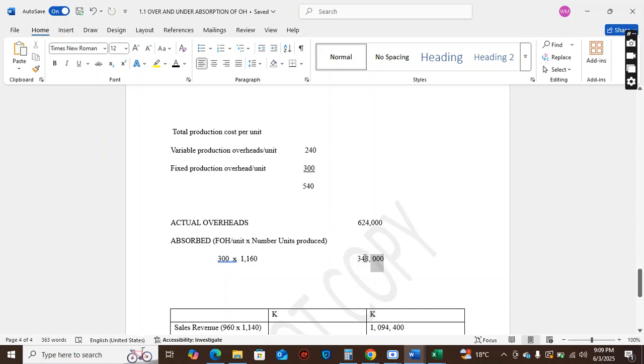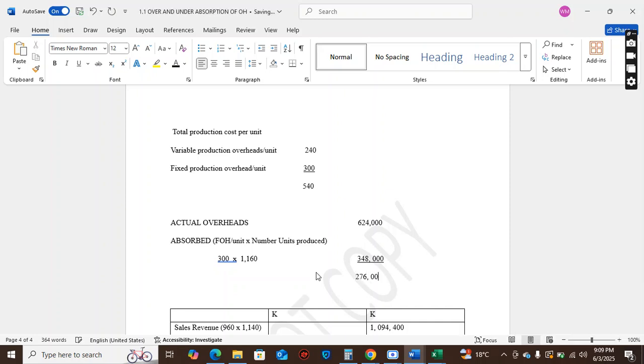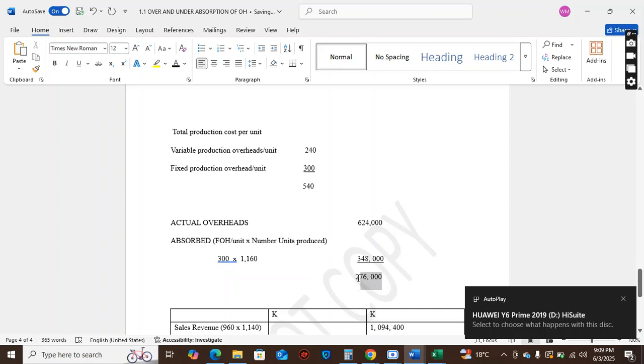So in this case, we've under absorbed by how much? 624,000 minus 348,000 is 276,000. That's how much we've under absorbed by.